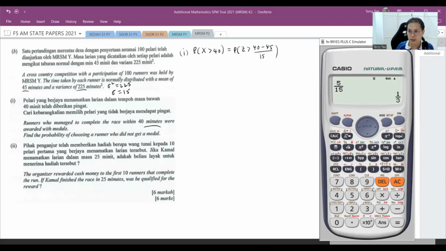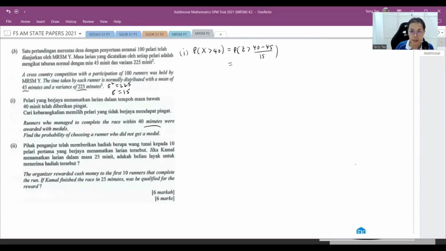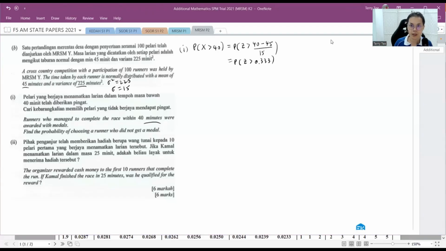Now, here's the thing, the number is a bit ugly. 1 over 3 is 0.333, right? So this is Z greater than 0.333. So the thing is, we have to use a mathematical table. A moment, let me just open my mathematical table. Notice there's a negative here. 40 minus 45 over 15, there's a negative here.